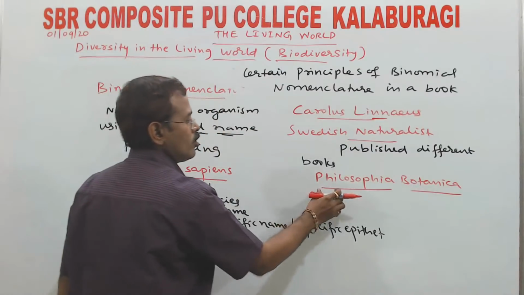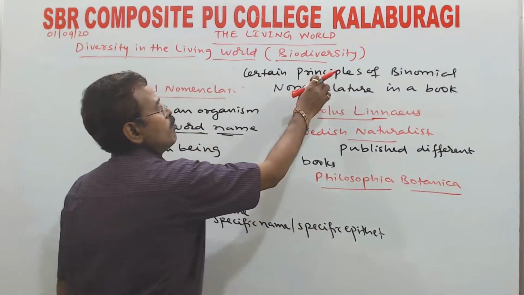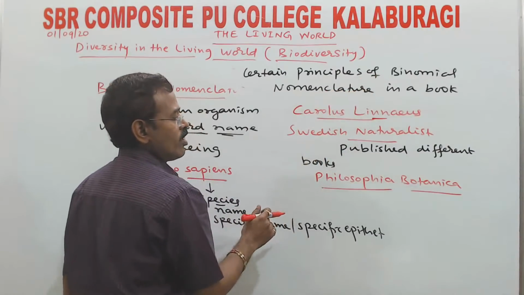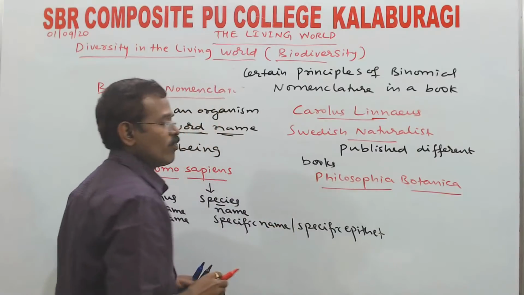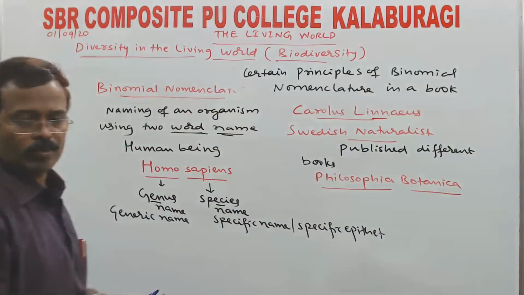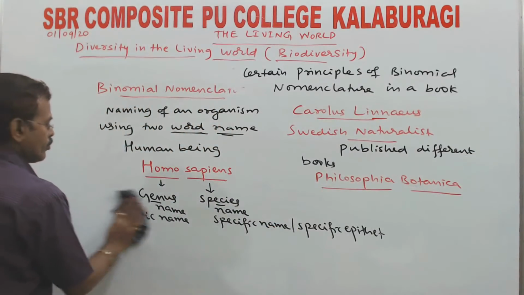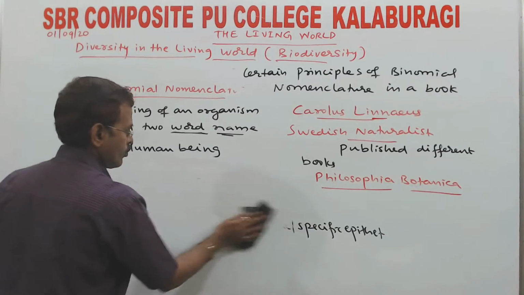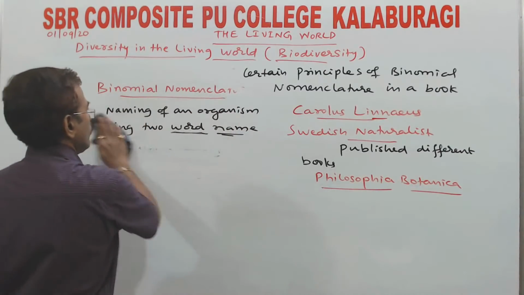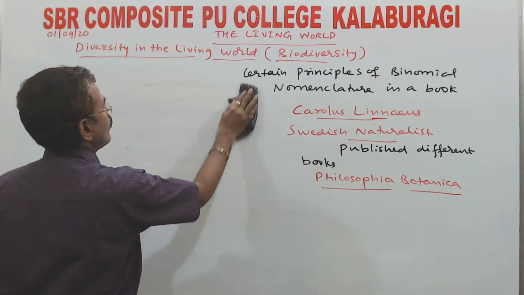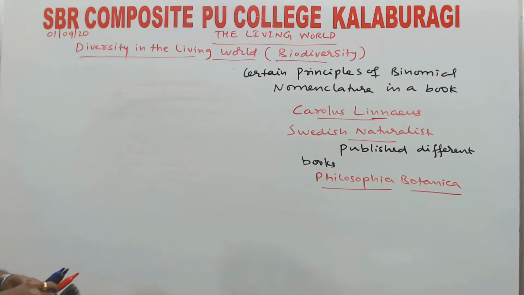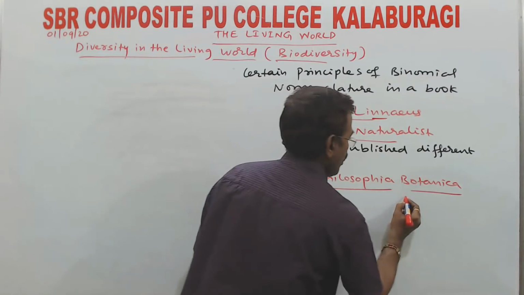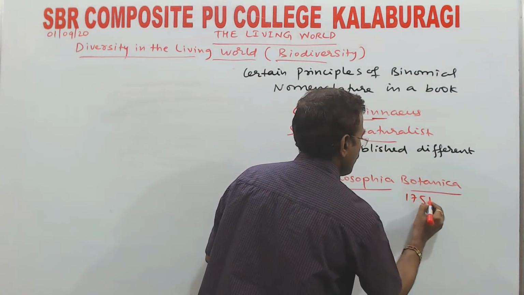Philosophia Botanica. Certain principles of binomial nomenclature were published in a book named Philosophia Botanica. This was in the year 1751.